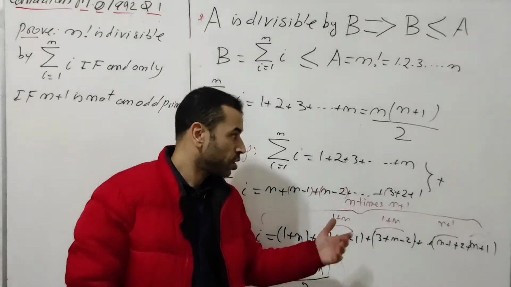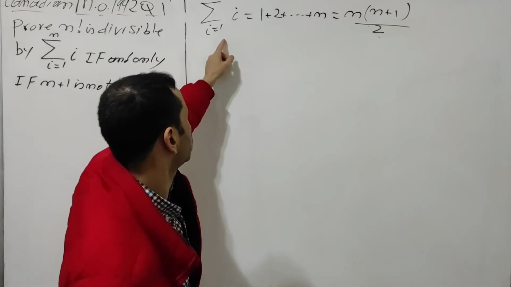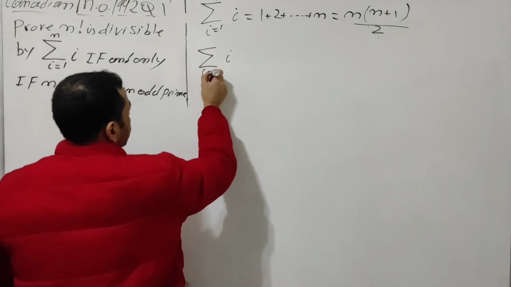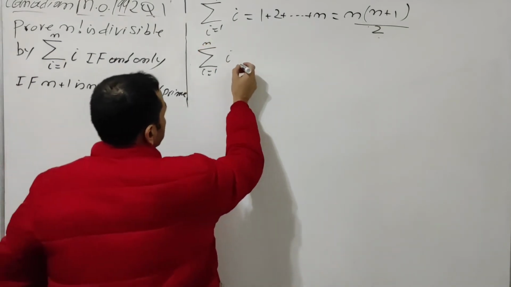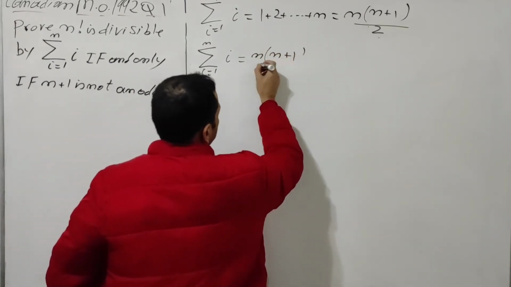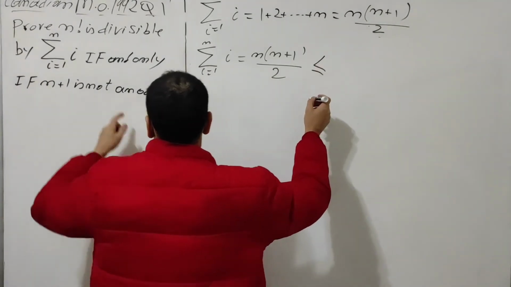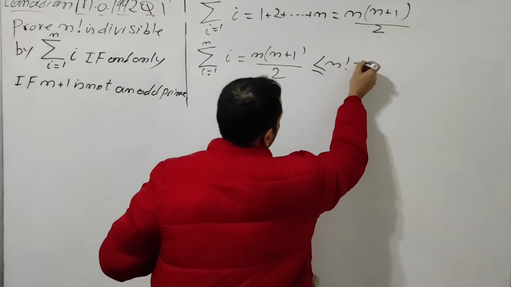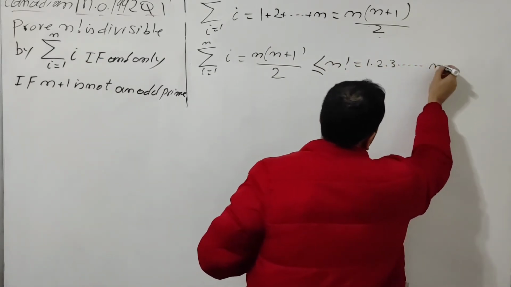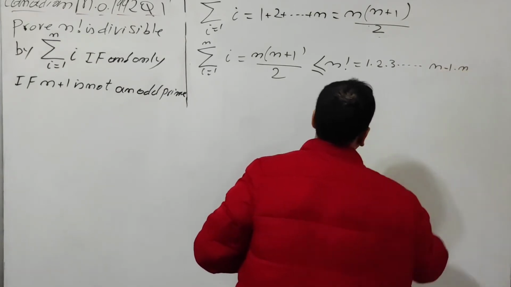So let's move on to our question. Previously we have shown this statement is true for all integers n bigger than or equal to 1: the sum of i from 1 to n, which equals n multiplied by n plus 1 divided by 2, is always less than or equal to n factorial, which equals 1 multiplied by 2 multiplied by 3 all the way down to n minus 1 multiplied by the last term n.